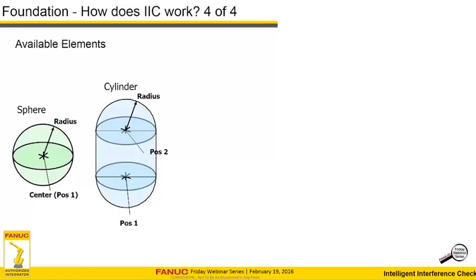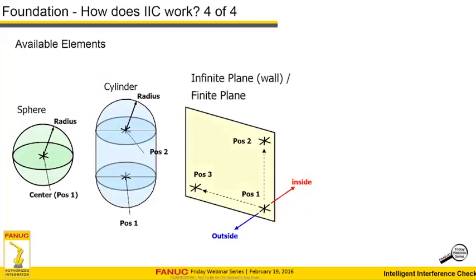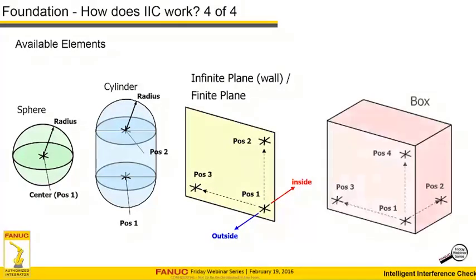When you are setting up a hand model, the only 2 elements you have at your disposal are a sphere and a cylinder. We have an infinite plane, or a finite plane. And then we have the box.